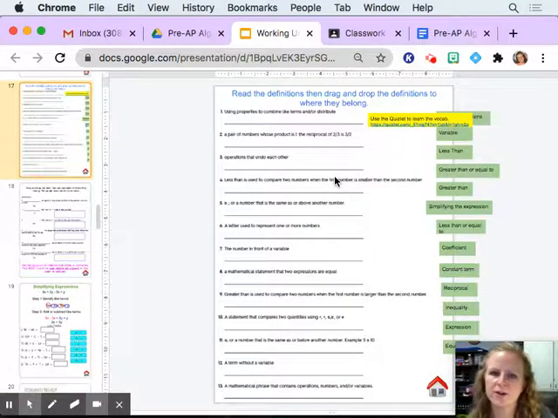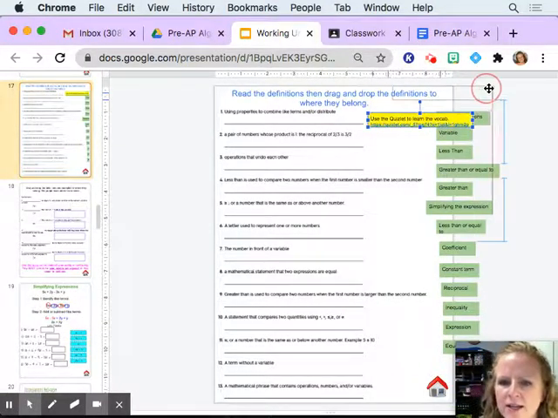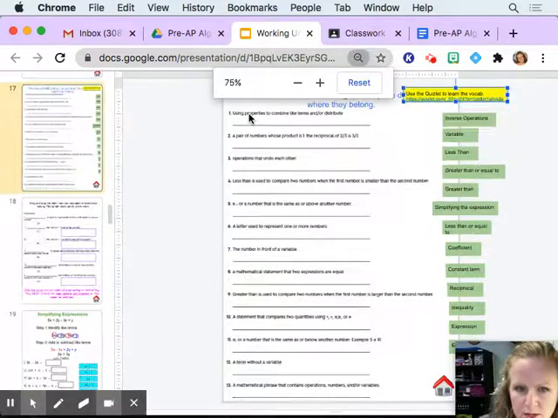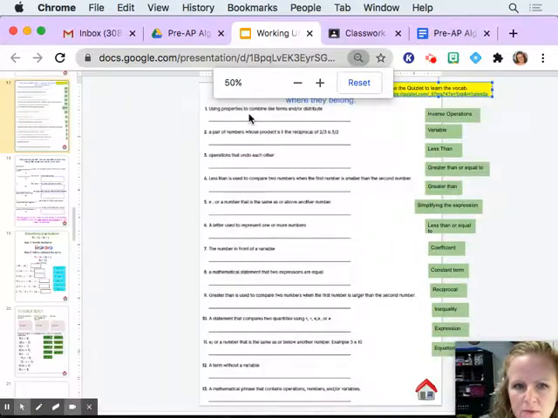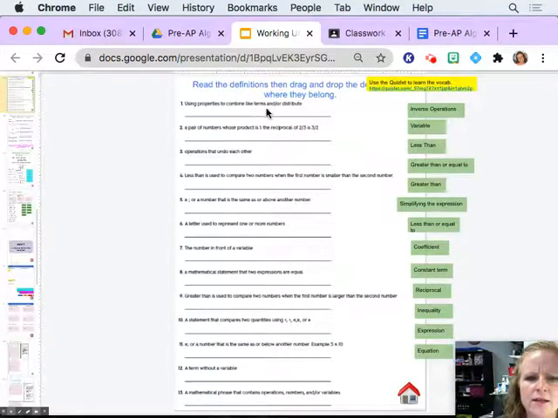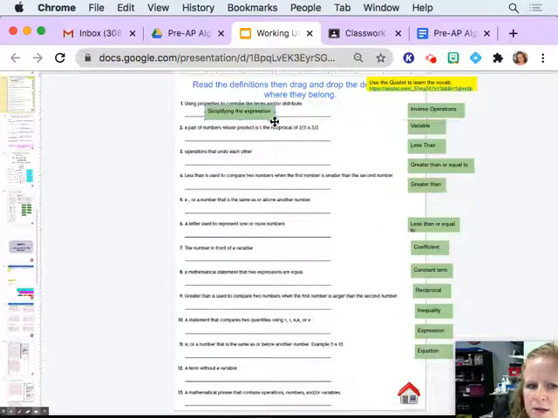Okay, so you should have already completed this, so let's check and see how you did. Let me zoom in a little bit. Using properties to combine like terms or distribute. Simplifying the expression. Is that good? Okay.